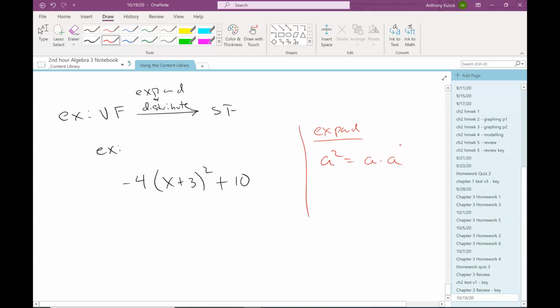If I use that notion of expand, x plus 3 squared must just be x plus 3 times x plus 3. Everybody okay with that? And now this looks remarkably like the previous problem. Everybody agree with that?